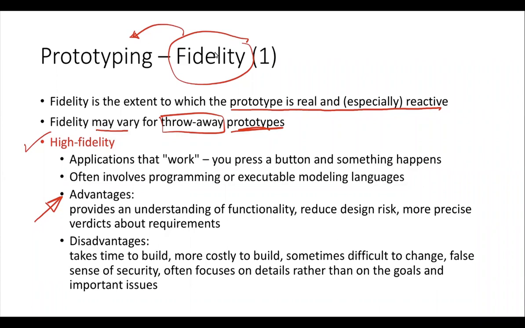When we align to requirements, it means that it's really close to the real requirements. The advantage of high fidelity prototypes is that they provide an understanding of not only the functionality of the prototype, but they also reduce the design risk, and they are considered a more precise image or verdict about requirements.